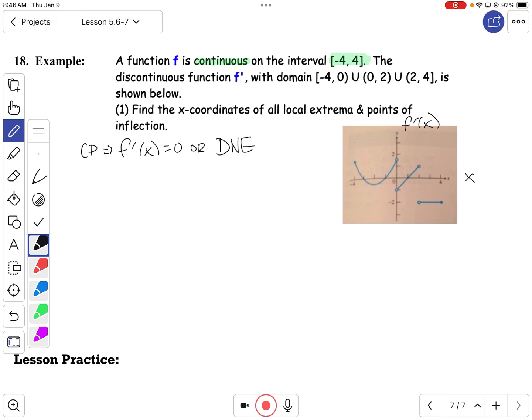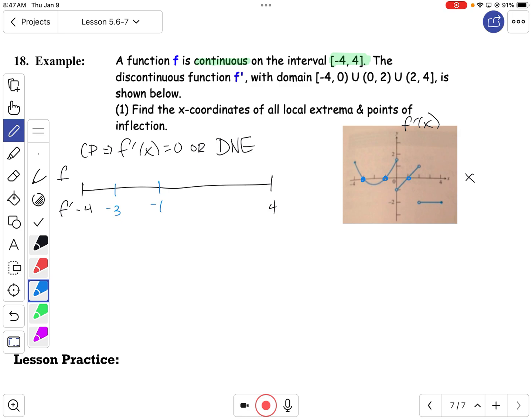Okay, so this picture that they've given me. So here we go. I'm going to actually set up a chart. Okay, so I've got f prime and I've got f. So we're going to start at -4 and we're going to end at +4. Now, let's throw our critical points on there. Where is this derivative equal to 0? -3, -1, and 1.